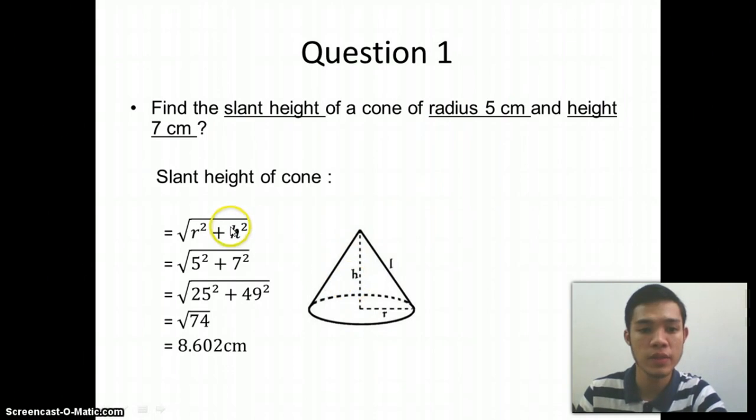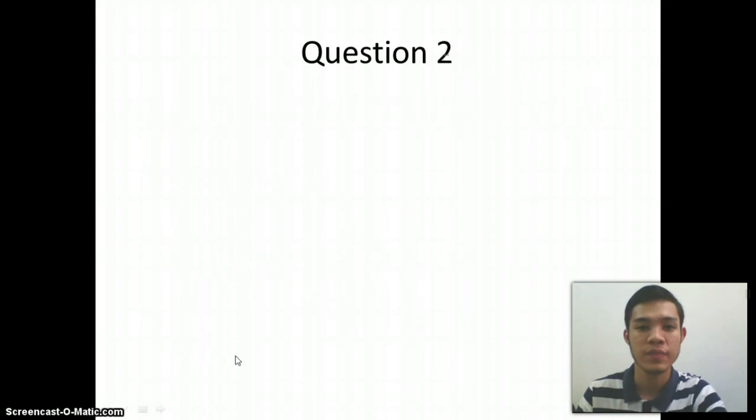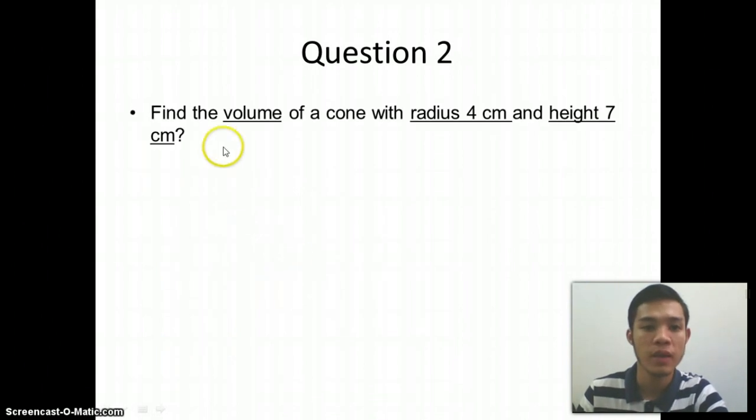So, you have to substitute into the formula. r is the radius 5 centimeters and the height is 7 centimeters. So the square root of 5 square plus 7 square. Then you will get the answer of 8.602 centimeter. Understood?